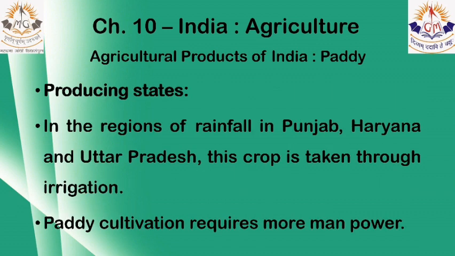Now producing states. Before we start that, let me tell you, the state whose name comes first is the largest producer of that particular crop, and that will be in descending order. For example, we are talking about states that are producing paddy.